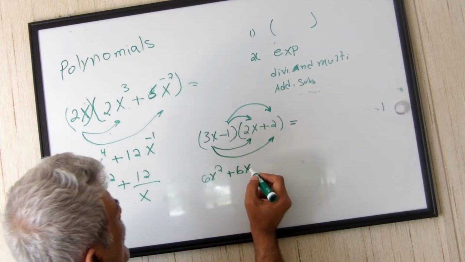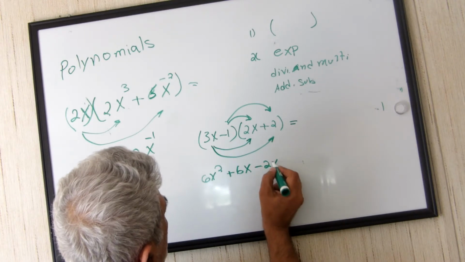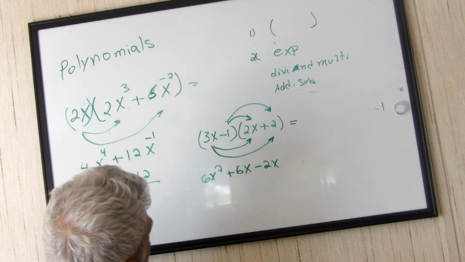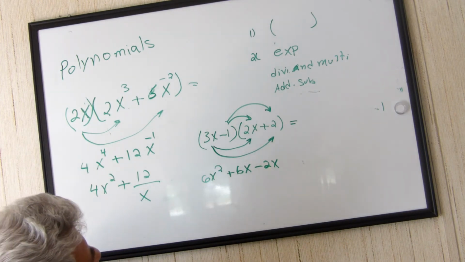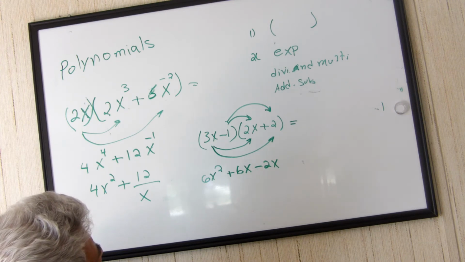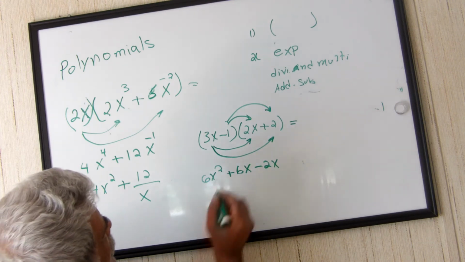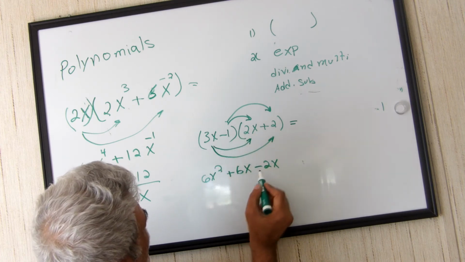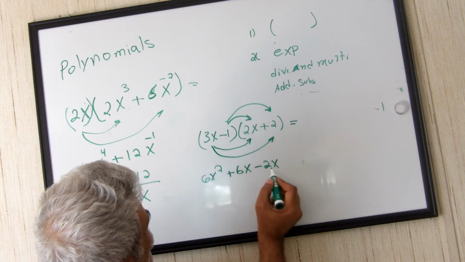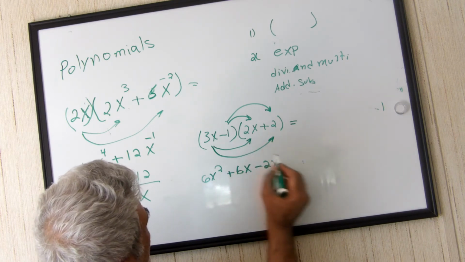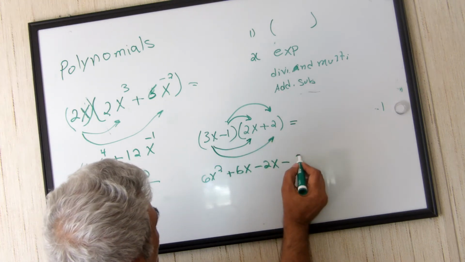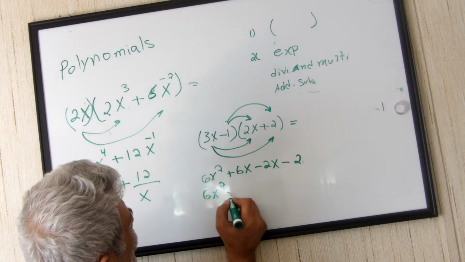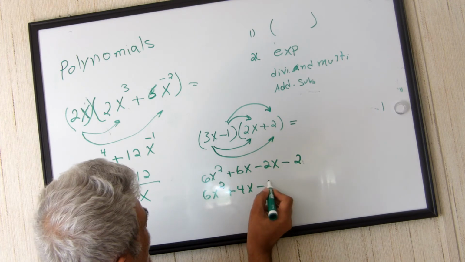And minus 1 times 2x is going to be minus 2x, because when you multiply a negative number by a positive number, the result is going to be negative. And then minus 1 times 2 is going to be minus 2. So we simplify this one: 6x squared plus 4x minus 2.